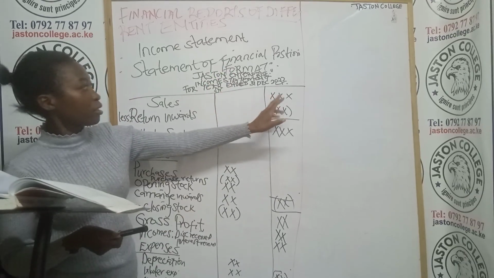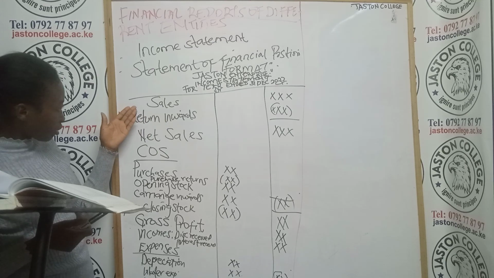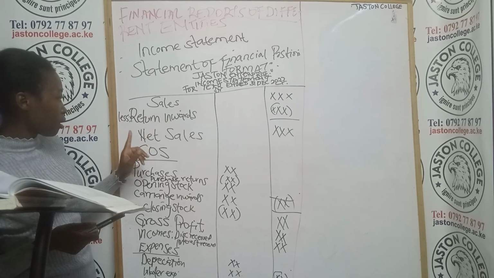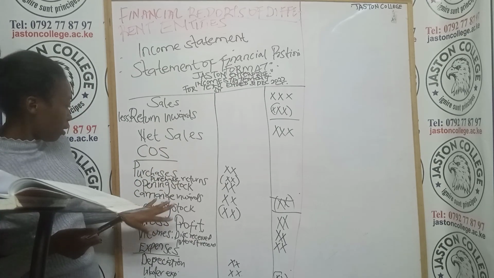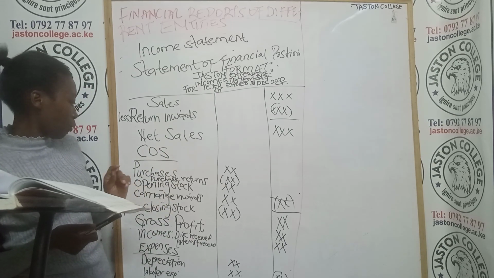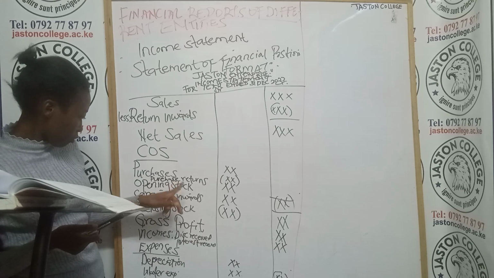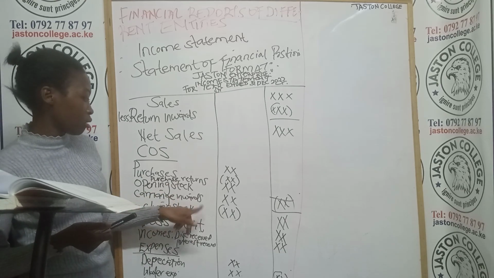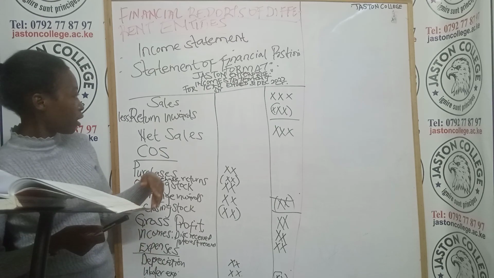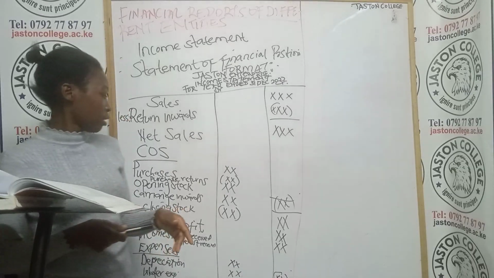We have the debit and credit side. We have the sales, the returns inwards, the net sales, the cost of sales. Now, let's say we incurred costs when delivering the goods to customers.